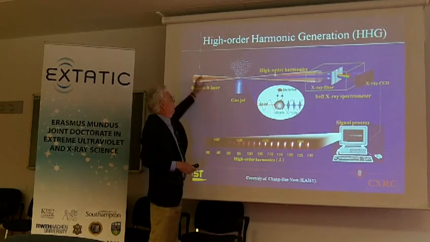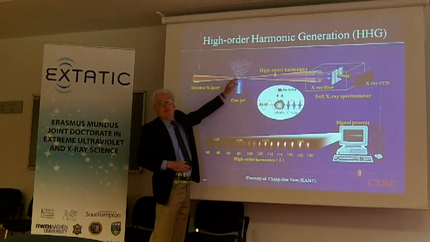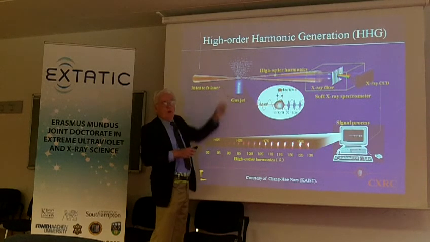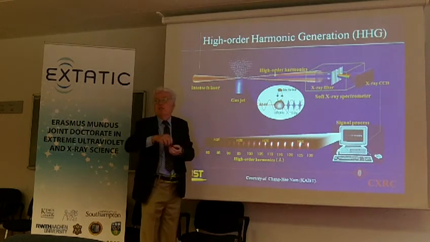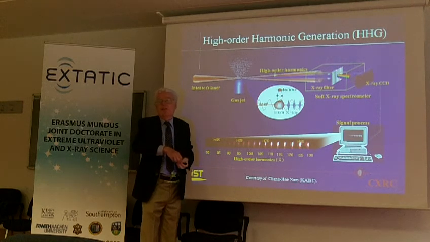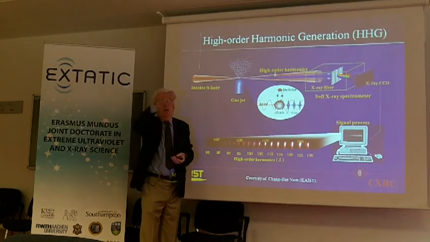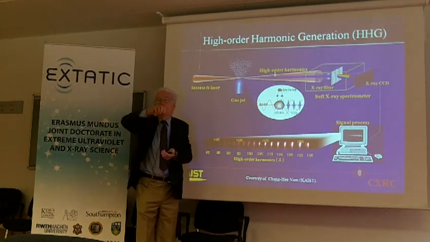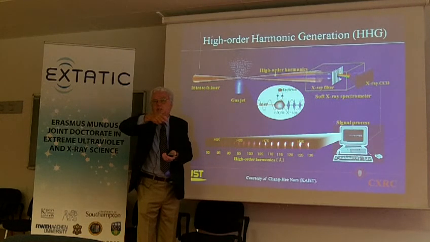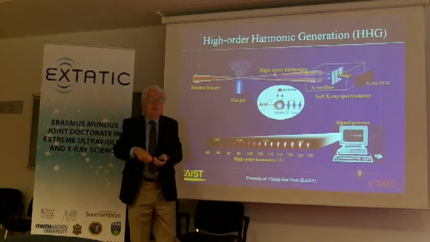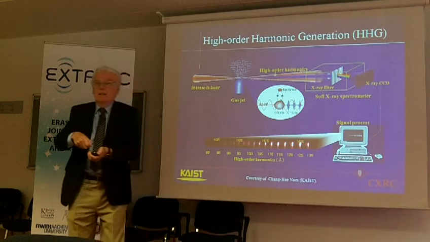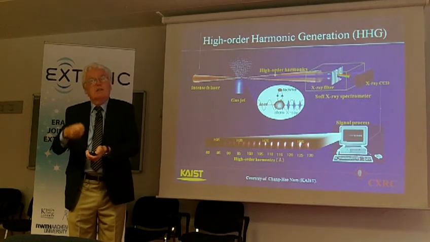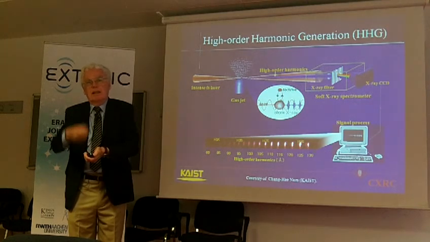But basically, a very intense laser has an irradiance so strong that the corresponding electric field is strong enough to pull the electron right out of the atom, and it starts going away from the atom, but this is a very high frequency, and before the electron gets too far, the field reverses and it's driven back, and there's some probability it'll hit the ion left behind that it came from, and when it does, the interaction is very short in time, and it has all of that energy.